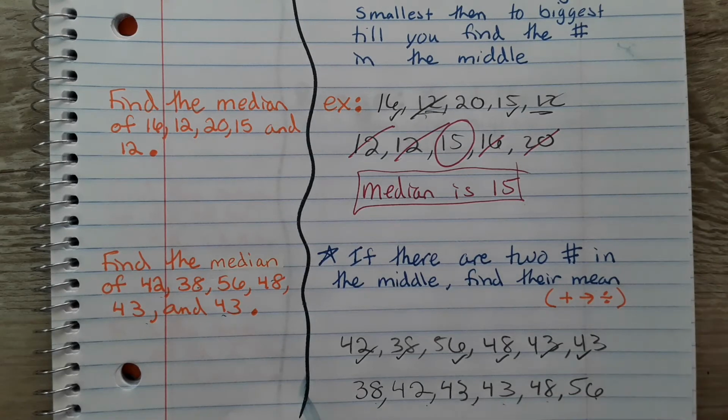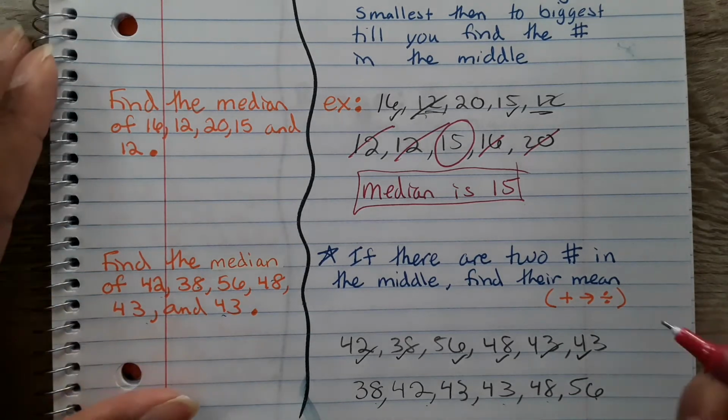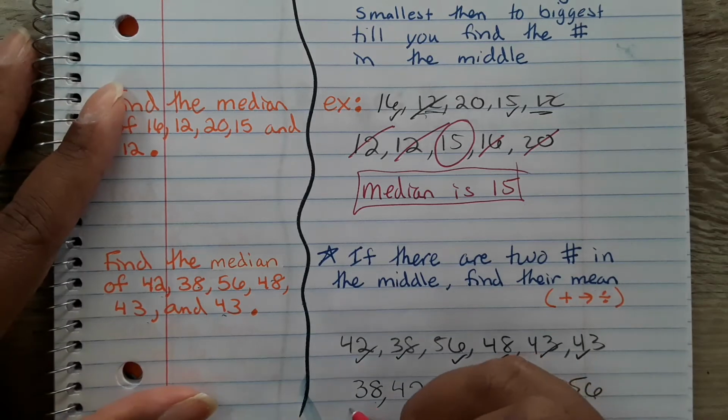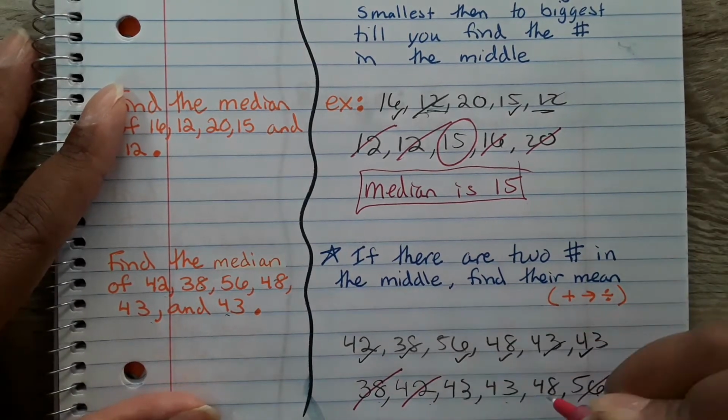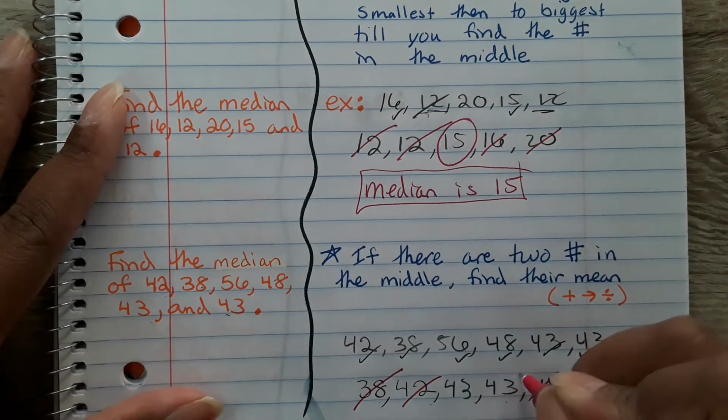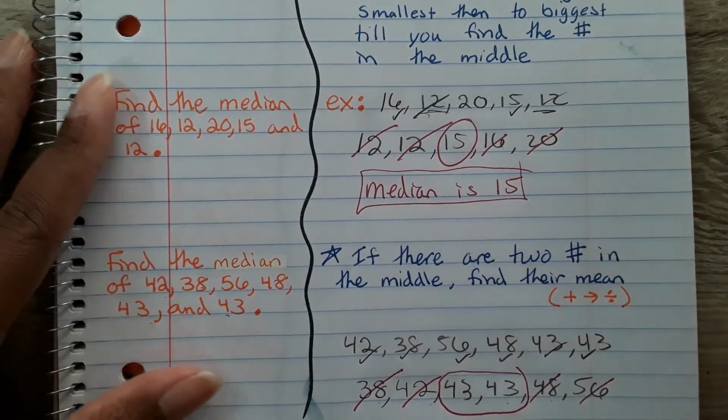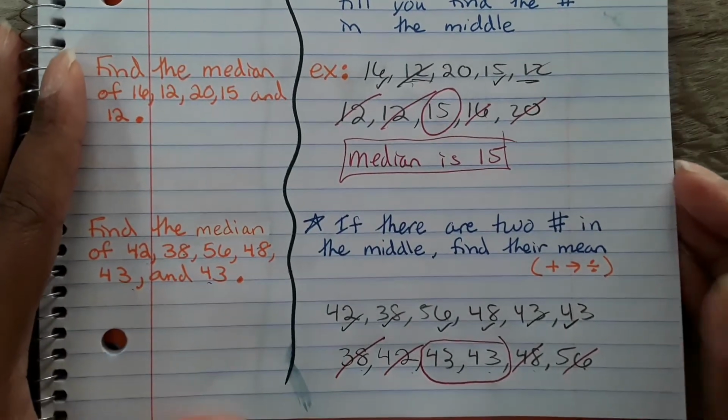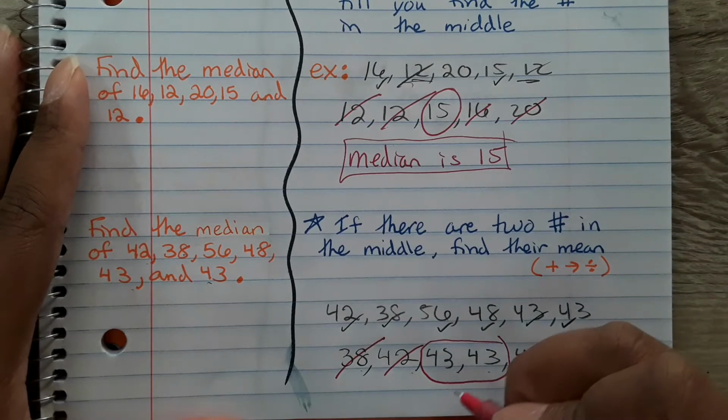So now that they're ordered, we just do step 2, cross off, big, small, big, small. So small, big, small, big. As you can see, I'm left with two numbers in the middle. So when you have two numbers in the middle, actually this one's easy.